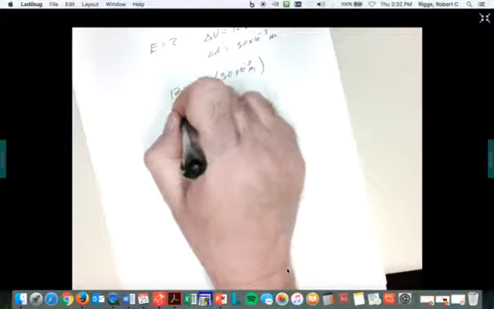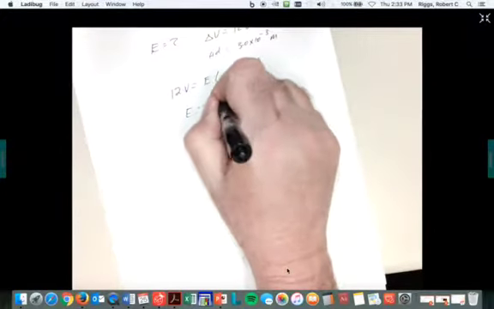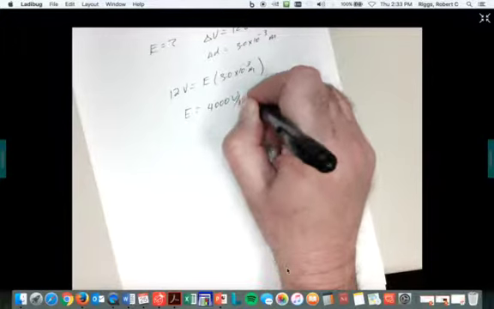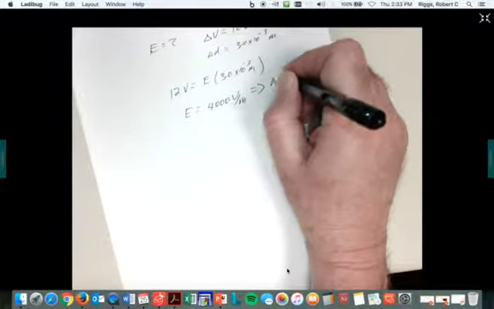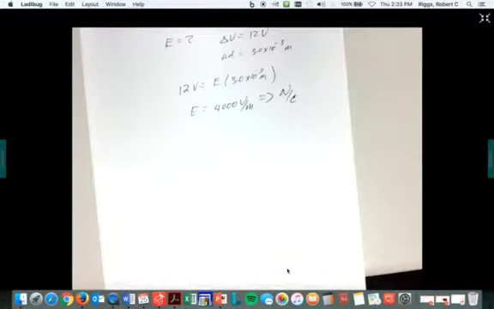So the E field is 12 divided by 3.0 times 10 to the negative 3, which is 4,000. Look at the units: volts per meter. That's the same thing as newtons per coulomb, believe it or not. So the uniform E field there is 4,000 volts per meter.